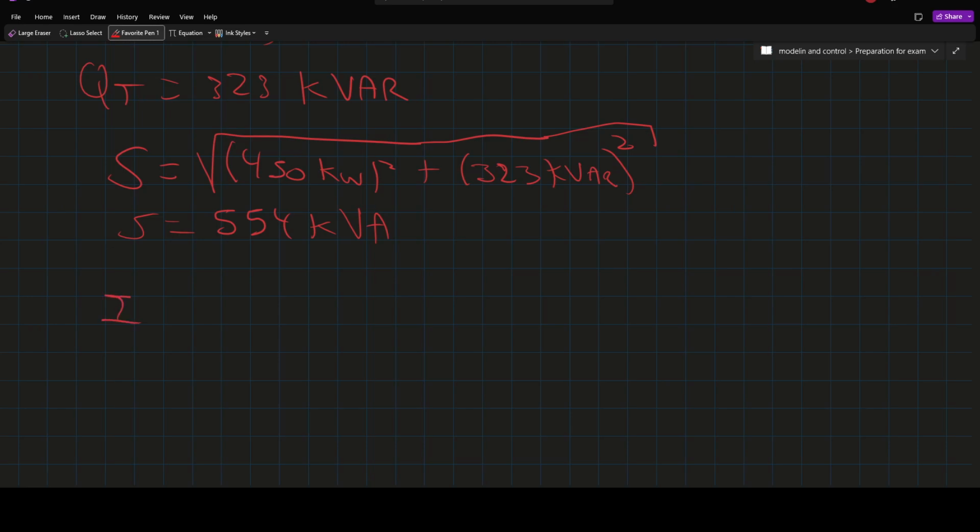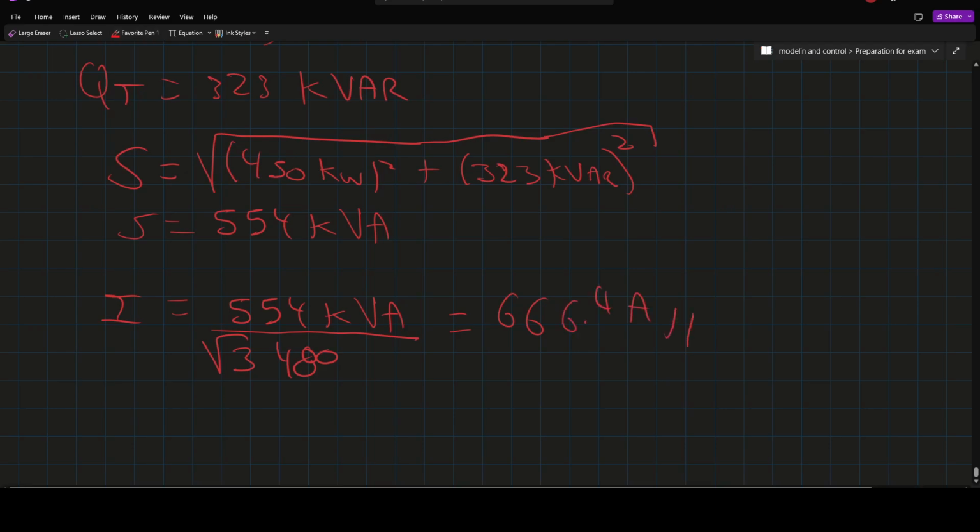Okay, so using the formula that we figured for current, we say that we're going to have this over square root 3 times the line voltage, and we get a current of 664 amps.